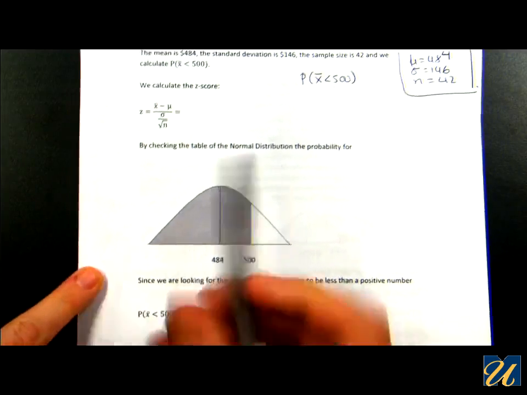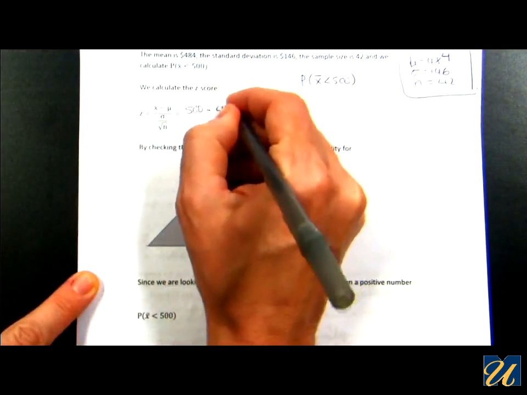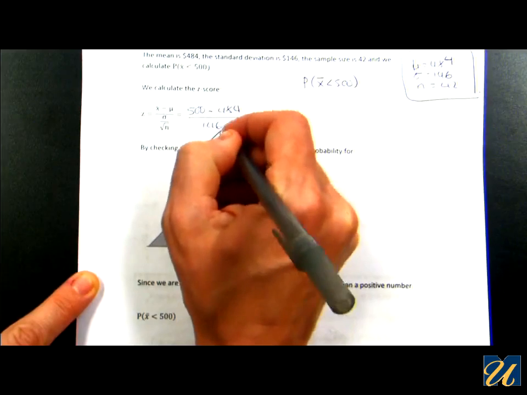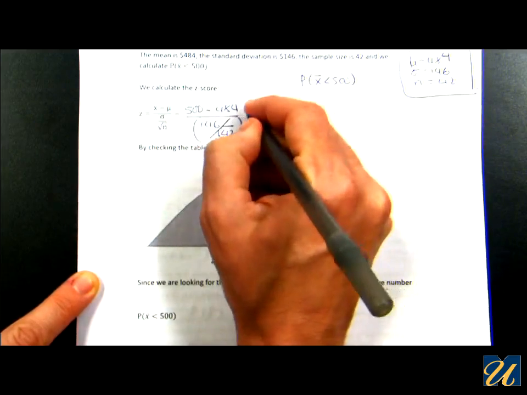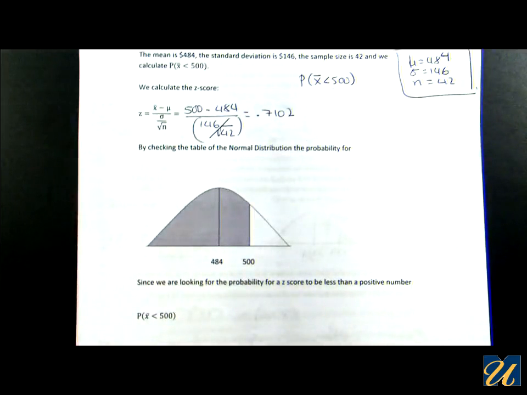We calculate the z-score. Z-score is 500 minus 484 over 146 divided by square root of 42. This will be equal to 0.7102. So we look up for 0.71.